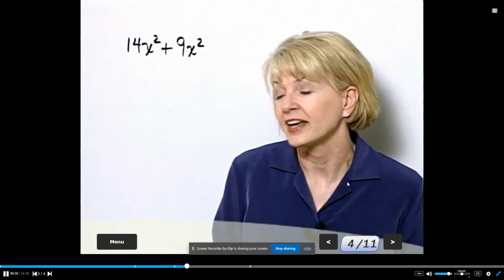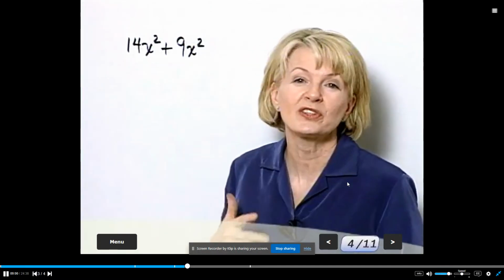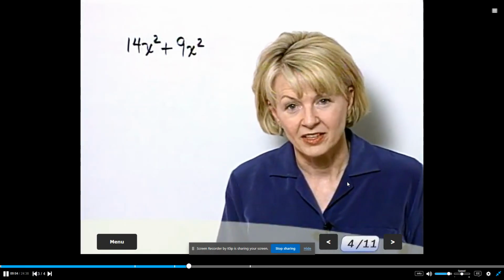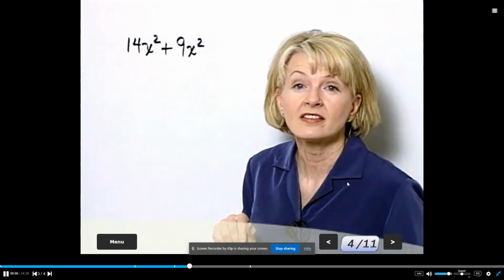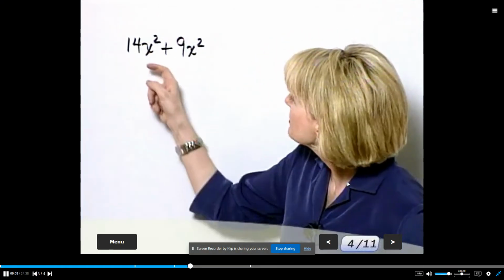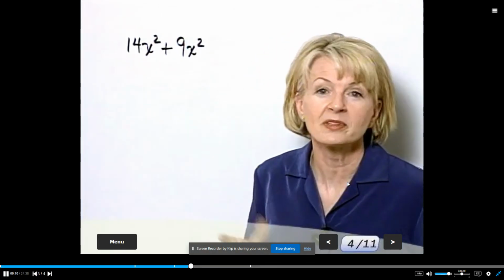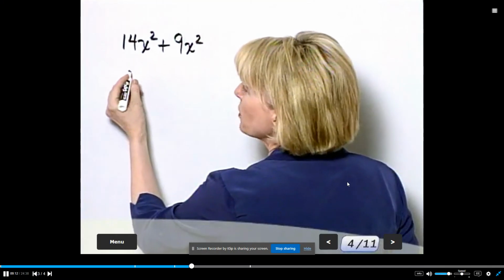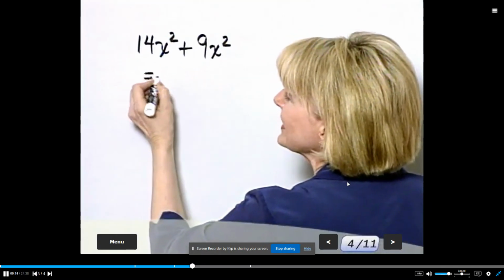Well, it has simply two terms, and by the way, a polynomial with two terms is called a binomial. So can I simplify this? The answer is yes, because these are like terms, and we use the distributive property to combine like terms.